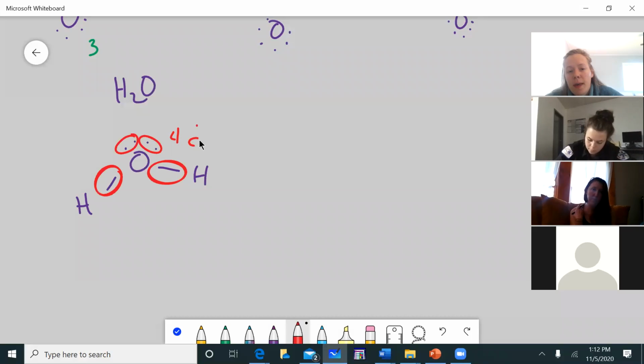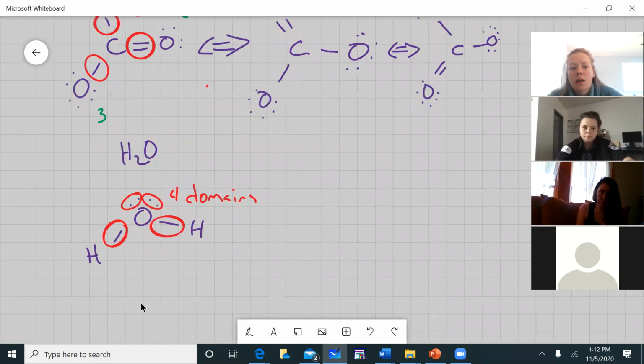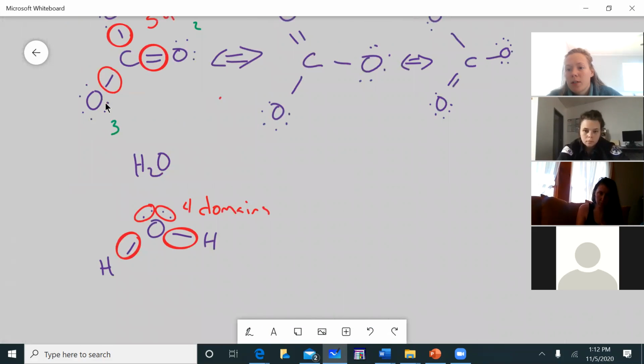This has 4 domains. We don't count the electrons by themselves, and we don't count them as one giant clump. They have to be a paired set. But notice these are on the central atom. These guys over here are not on the central atom, so I don't involve them.